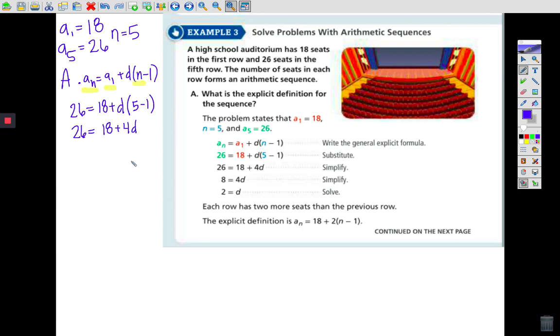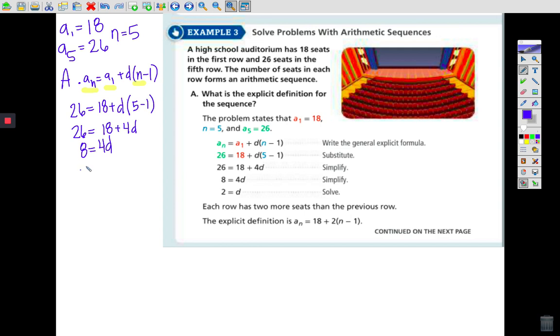How would I start to solve for d, to get d by itself? Any clue? Well, that would be our next step, but how would I get rid of this 18 first? Subtract 18. So 26 minus 18 is 8. 8 is equal to 4d.